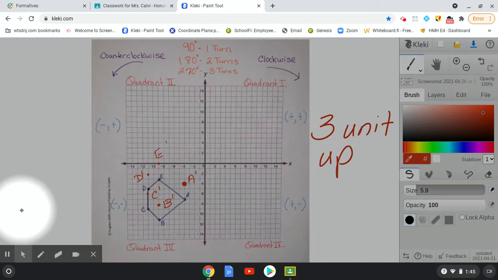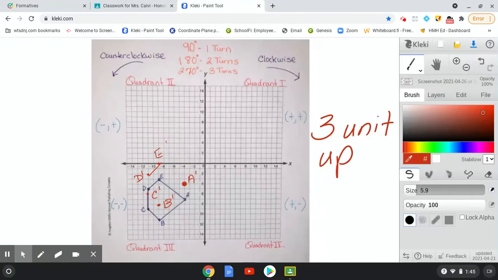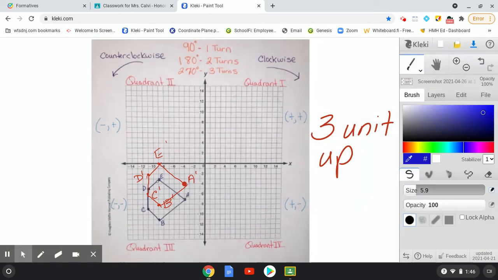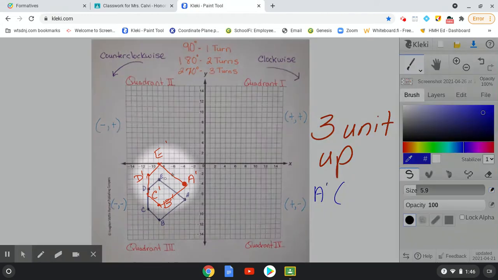So now, obviously on paper, you would be using a straight edge, and you would actually connect your figure here. Okay, not so bad. All right, and now I would need to actually list all of my ordered pairs or my coordinates. So let's go ahead and do that. So my A prime is ordered pair.